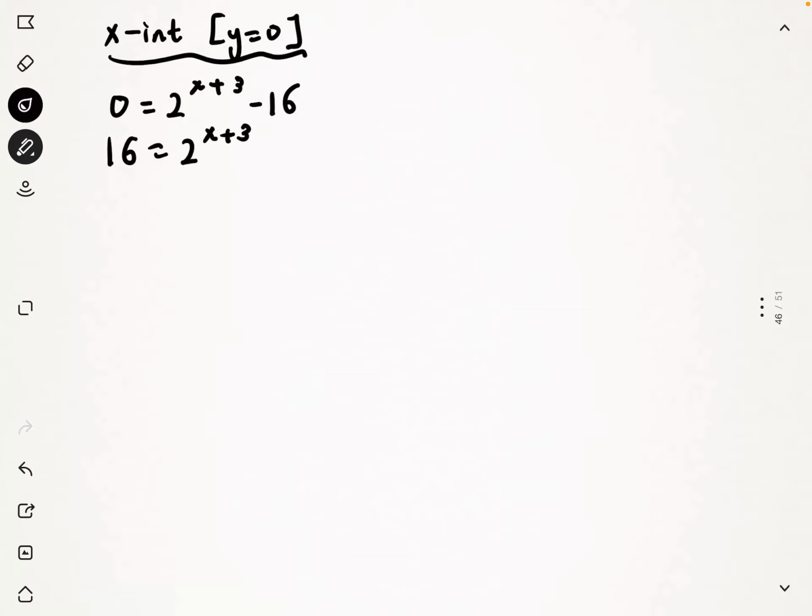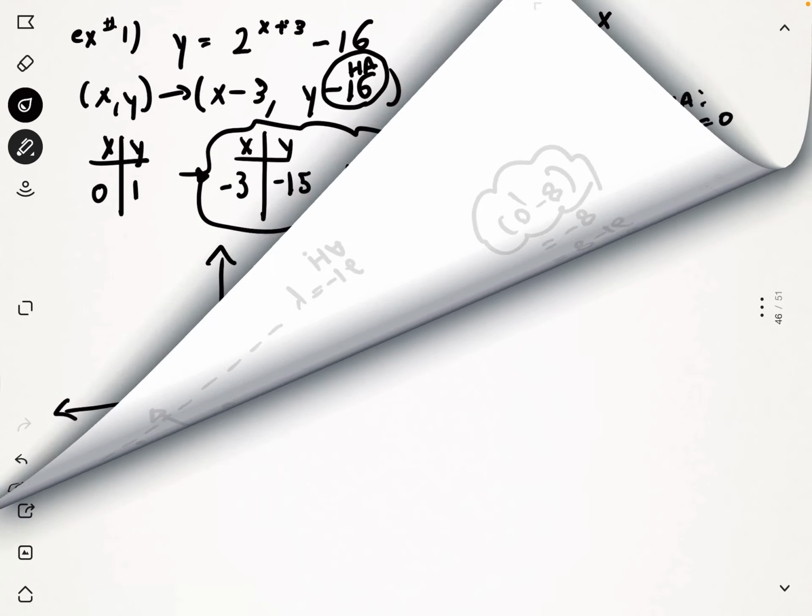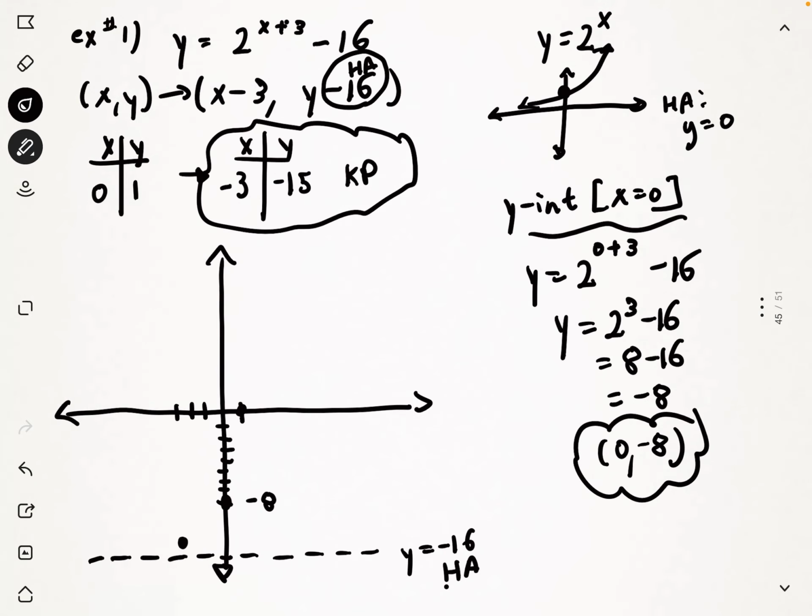And then at this point, when solving for an exponent, you want to get the bases equal to one another. So I can set that 16 is 2 to the 4. And then at this point, the 2's can cancel, and you can solve for x. x is equal to 1. So we have our x-intercept is (1, 0). So I can put that in right here as our x-intercept at 1.